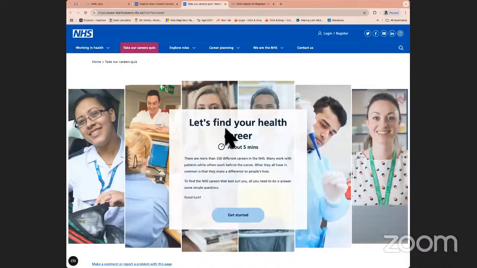And in such cases, this quiz will then recommend at the end of it the suitability in terms of career options, or professions, as I would say, you could look at within the health and social care sector, or specifically within the NHS.